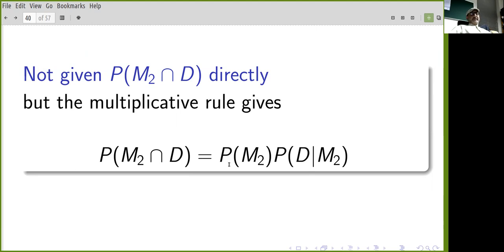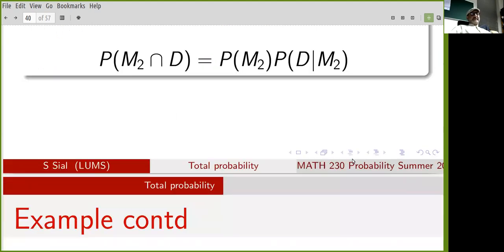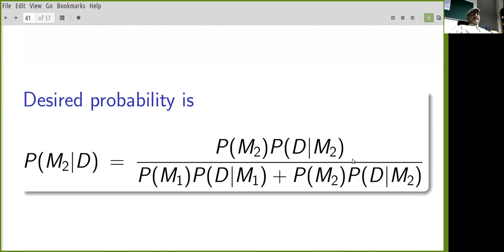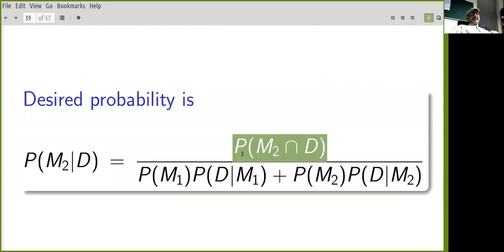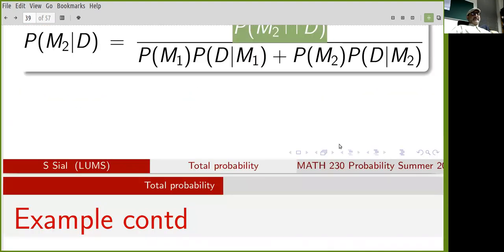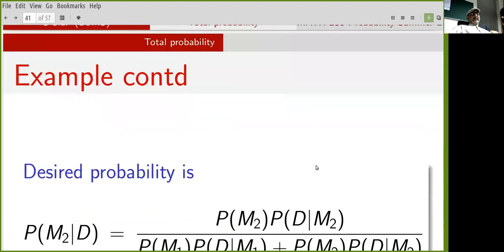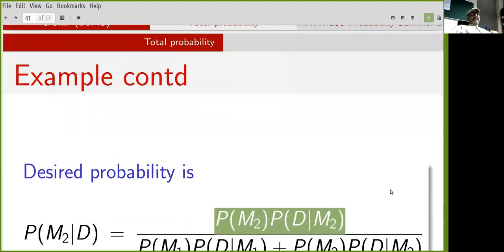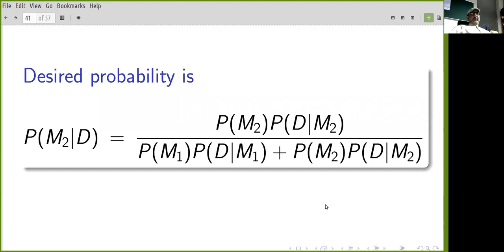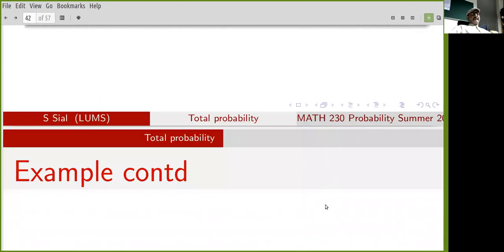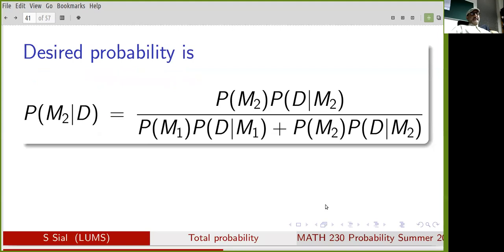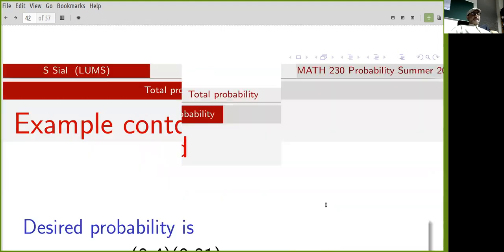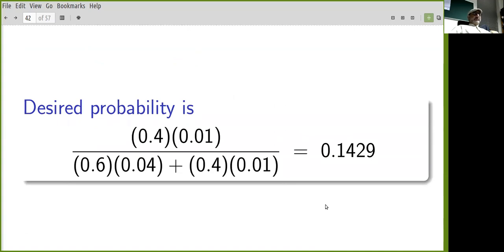Do we know the probability of M2? Yes. Do we know the probability of D given M2? Yes. So we replace the probability of M2 intersection D by this, which comes from the multiplication rule. Now we have all the numbers, we put all of those in, and we get 0.1429.